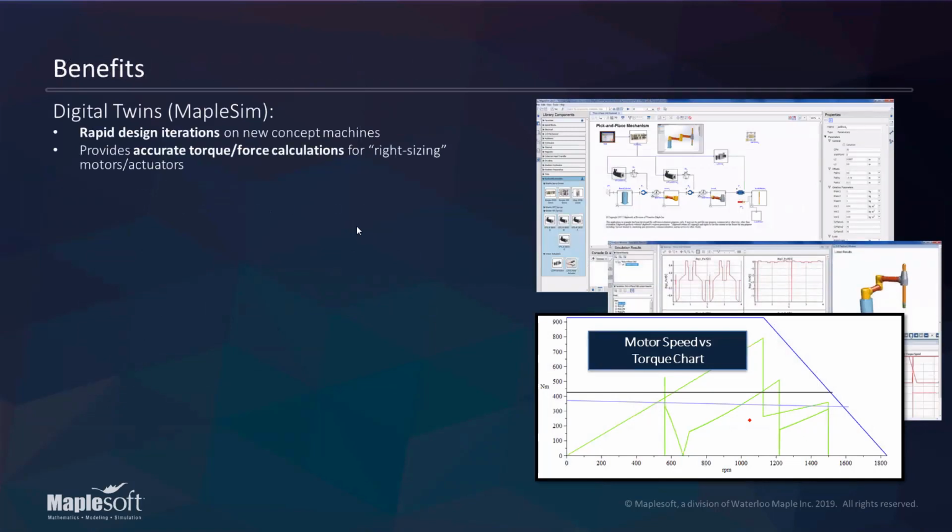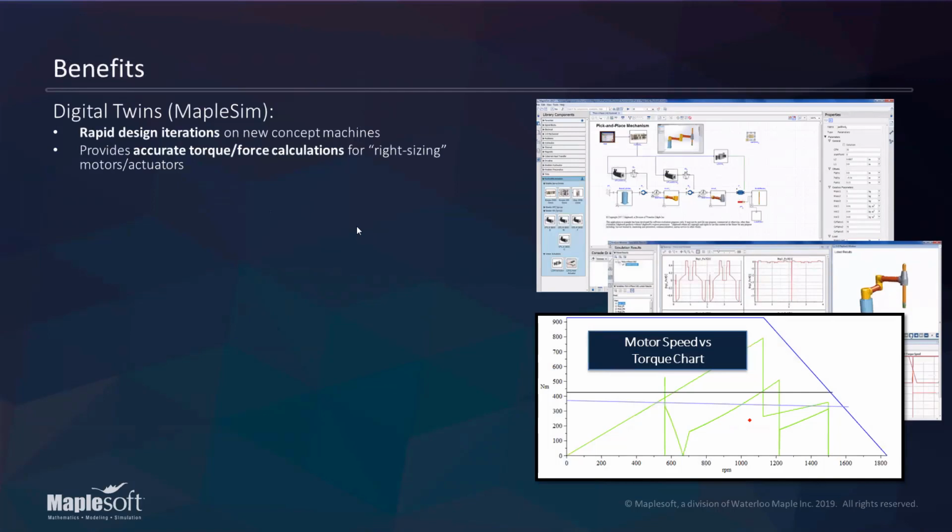So just a quick highlight of benefits before we get into the software itself, and you can see what this workflow looks like, how simple it's become. From the MapleSim side of things, just by having a digital twin allows you to perform analysis and iterations on the concept work that you're doing on your machines way faster than you otherwise could.